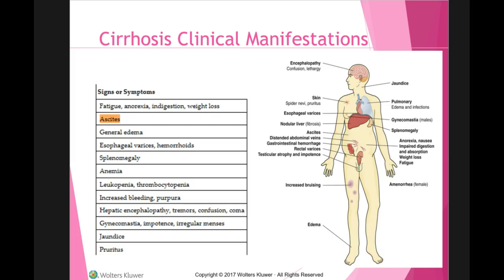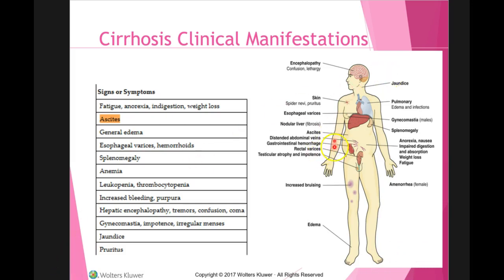Anytime you have a liver dysfunction, you have impaired extraction and conjugation of bilirubin, and it stems from the decrease in the production of bile. Because remember, with cirrhosis, there's an obstruction of that bile flow as well.